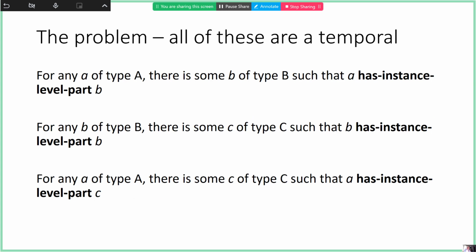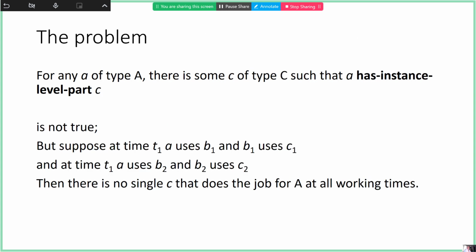Now, all of these assertions, as I've put them on the screen here, are atemporal. But of course, in real life, there is always a time index. And now when we do the transitivity inference, we get this. For any A of type A, there is some c of type C such that a has instance level part c.